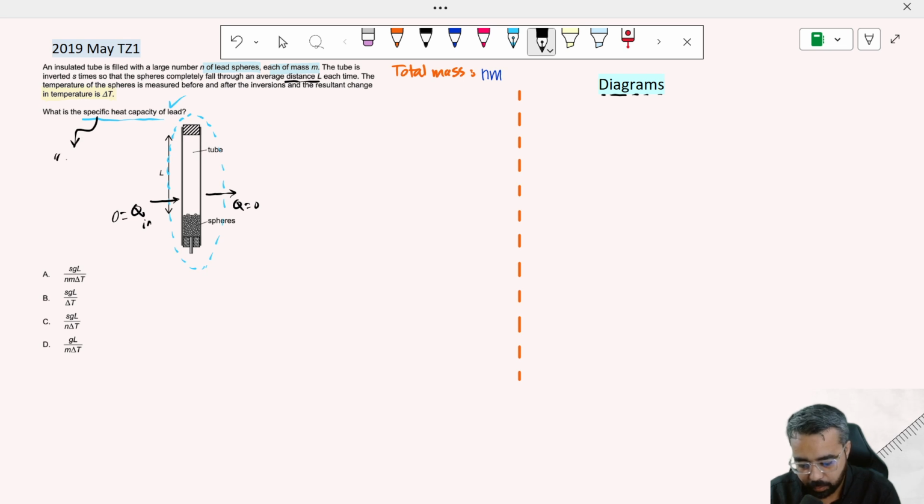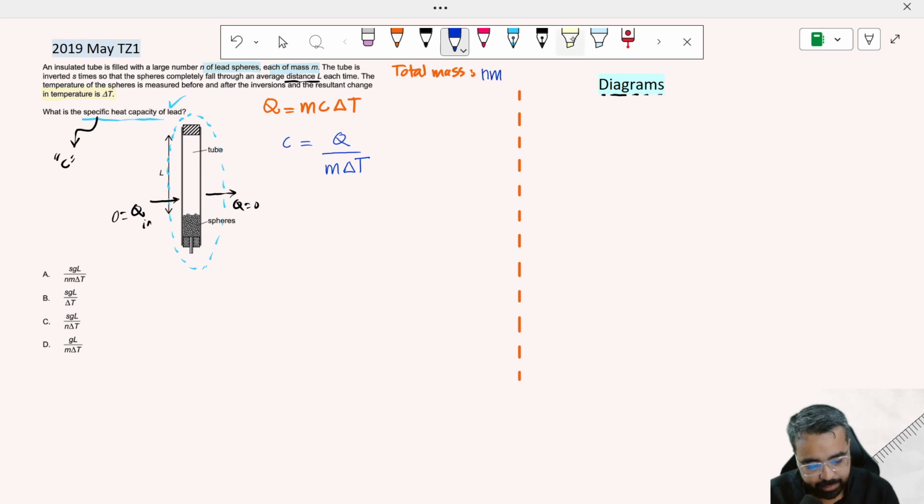We represent it with letter C, and the specific heat capacity is the amount of heat required to raise the temperature of 1 kg of substance by 1 Kelvin or 1 degree Celsius. You must remember the formula in our IB curriculum, that is Q equals m C delta T. So we can find C from here, that is Q over m delta T.